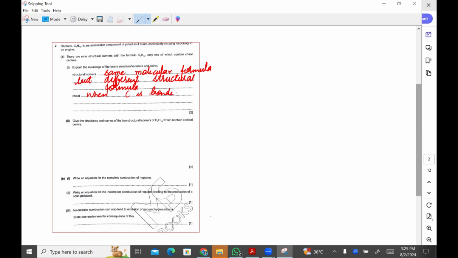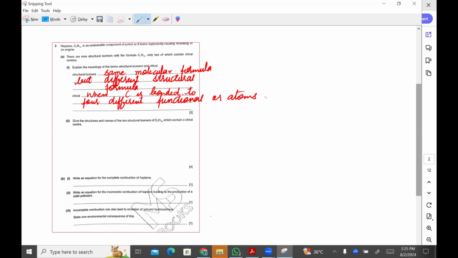Great, when a carbon is bonded to four different functional groups or atoms. So give the structure and names of two structural isomers which contain a chiral center.